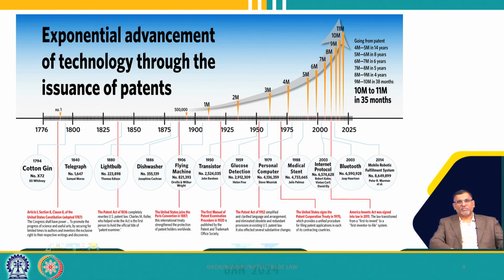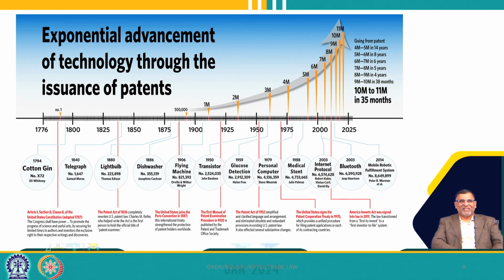Now you see the panoramic view of innovations from 1776 to the projections for 2025. We are in 2023, and you can see there are around 9 million patents or innovations.